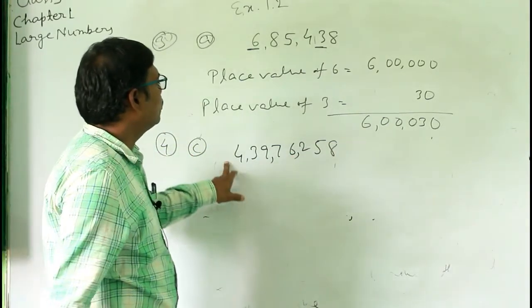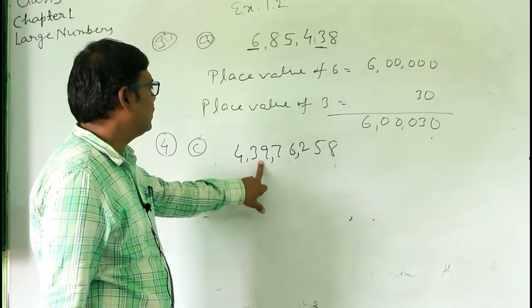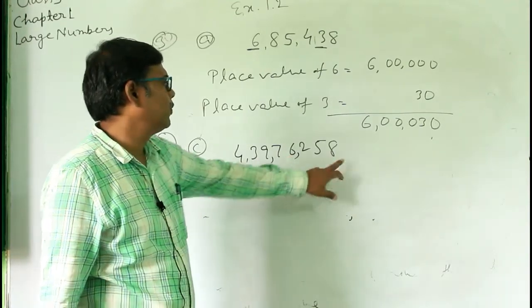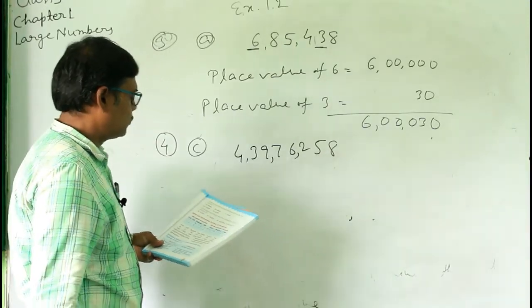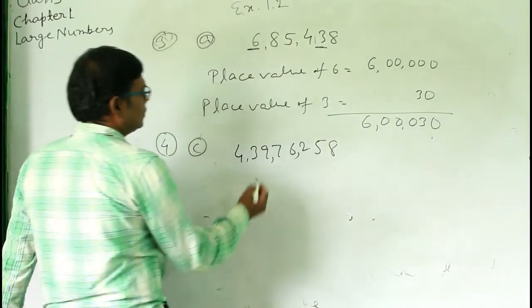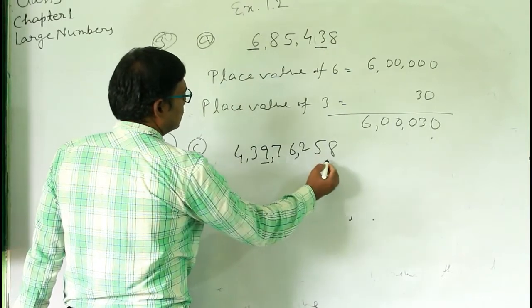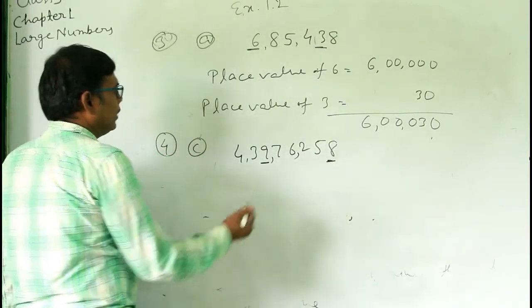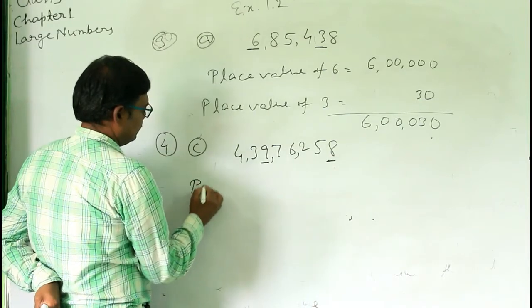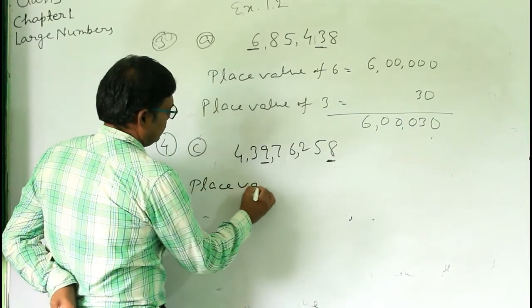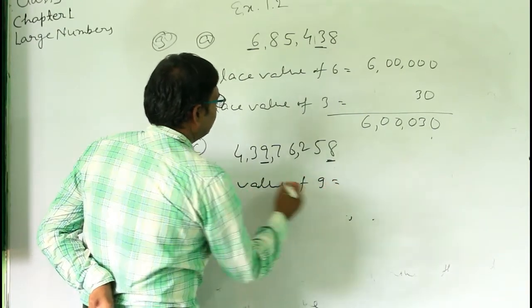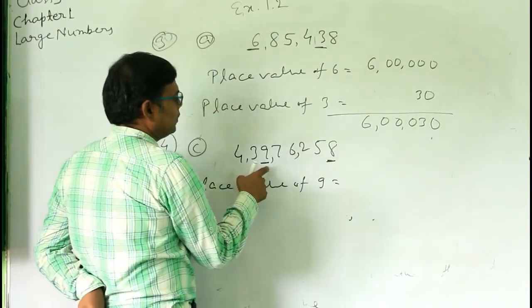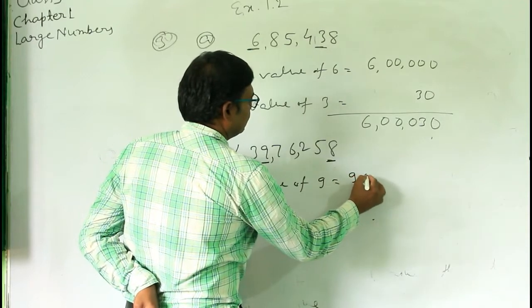That is 4 crores 39,76,258. And in this we have two digits which are colored, that is 9 and 8. That is this 9 and this 8. These are the two colored ones here. And then find the place value of 9. The place value of 9 is equal to, because this is at the lakhs place, it will be 9 lakh.